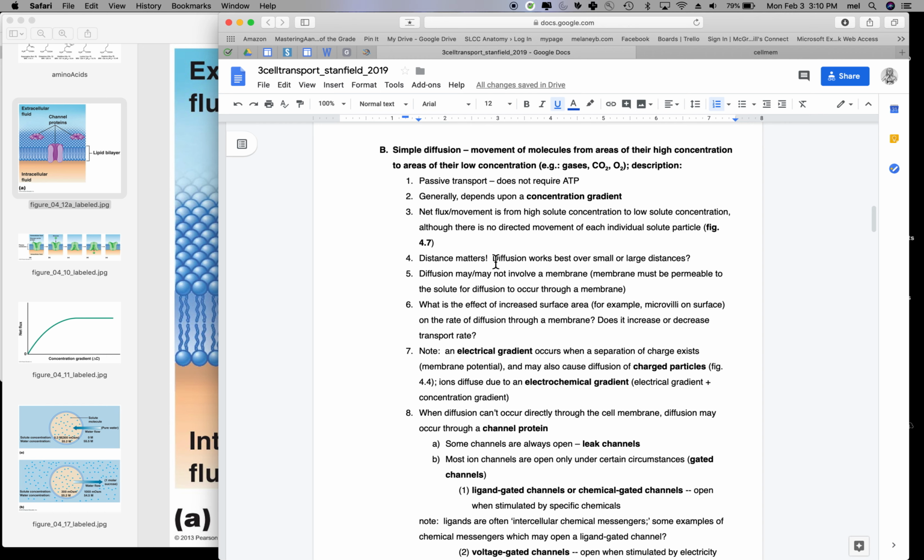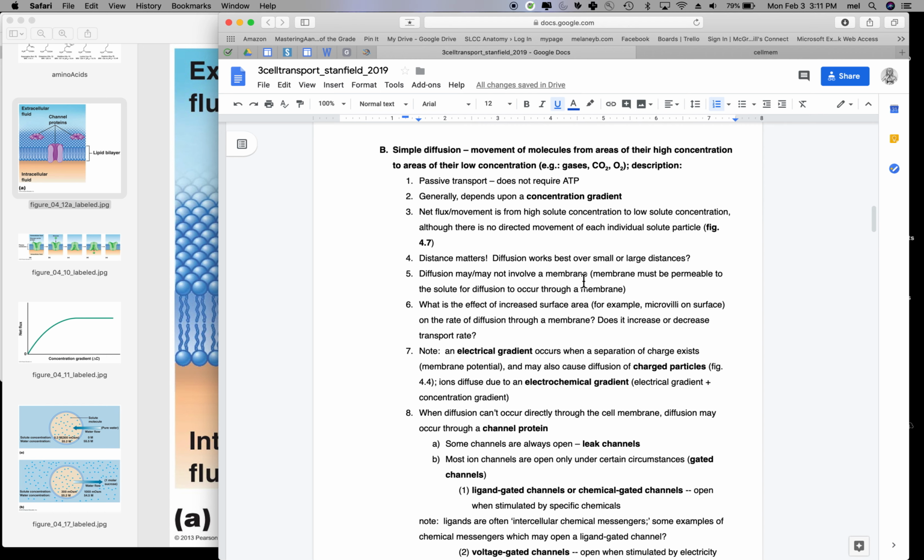No, it's too far to go. However, what if the connective tissue underneath an epithelial tissue had a high concentration of oxygen and the microscopically thin epithelial tissue cells need oxygen? Well, it can diffuse that different distance. So it works best over small distances.